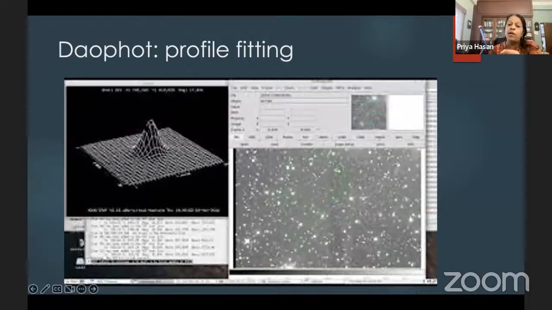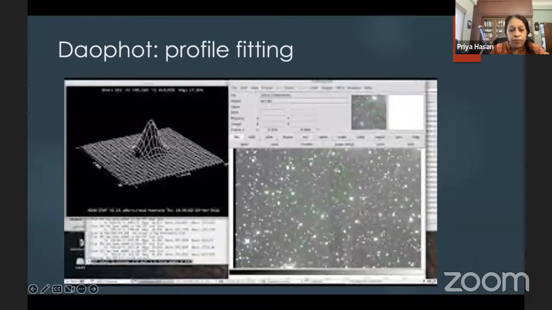Supposing I take a very small aperture, that means I slice it over here. And if I slice it over here, that means I've lost all these photons which are sitting in the outer region. So if I take a very, very small aperture, the slice is underestimating the brightness of the star. If I come down, it depends on how much of the flux I get. So ideally, the deal is how well you draw your aperture so that you get all the flux of the object you want.